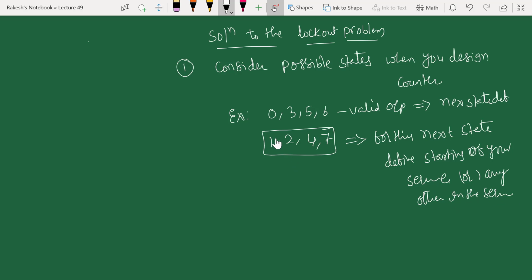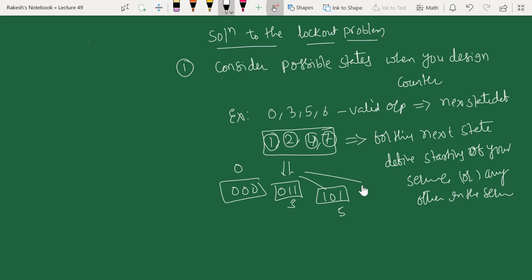So that means whenever your flip-flop goes to one of these invalid output states, your flip-flop output will either set to all zeros, that means nothing but 0 state, or 0 1 1 state, that's nothing but 3 state, or 1 0 1 state, or 5 state, or 1 1 0 state, that's nothing but 6.